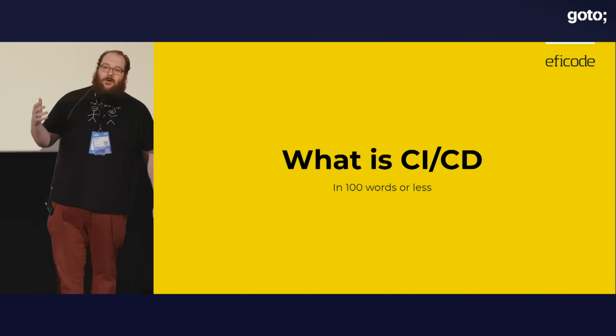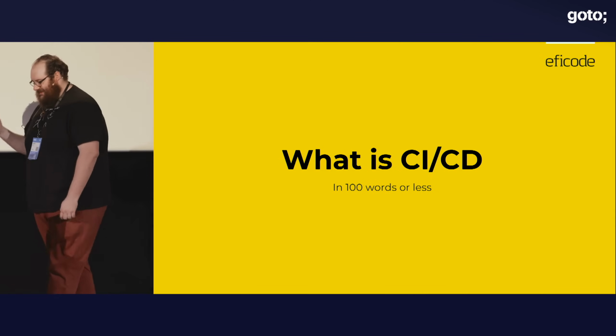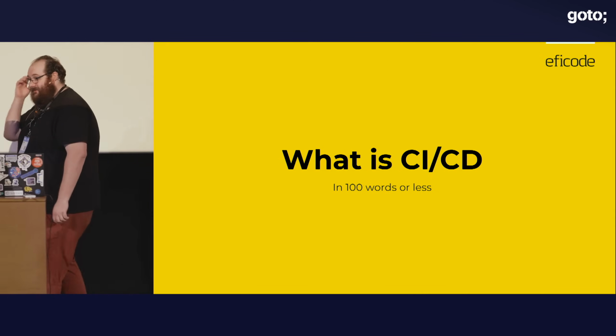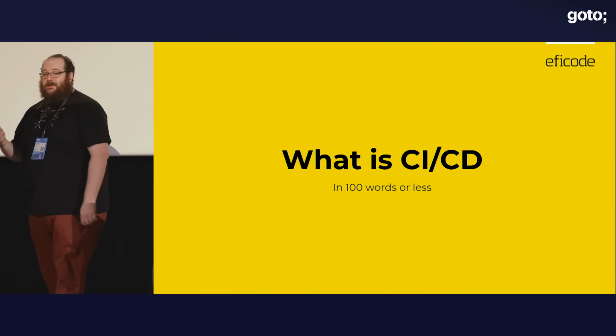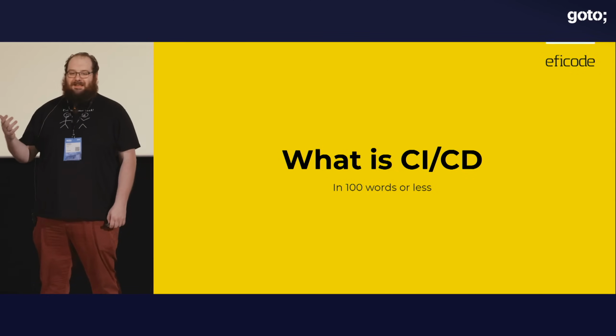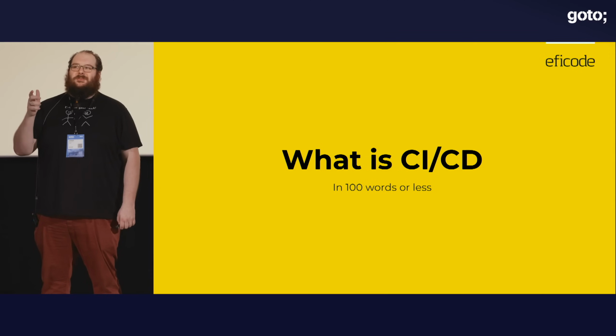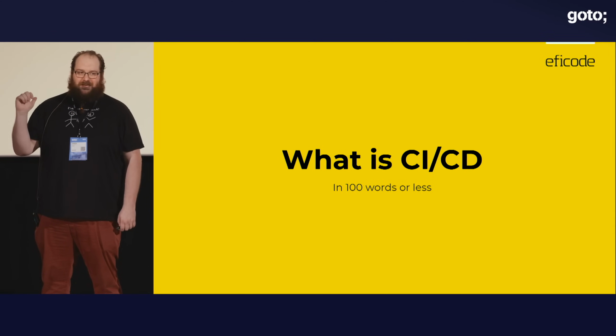Before I can talk about mapping attack surfaces in CI/CD, I have to explain what CI/CD is because I work for Eficode and they are a DevOps company, and obviously I know what it is. I'm sure some of the consultants from Eficode will disagree later, but they're the professionals. I'm just a security nerd.